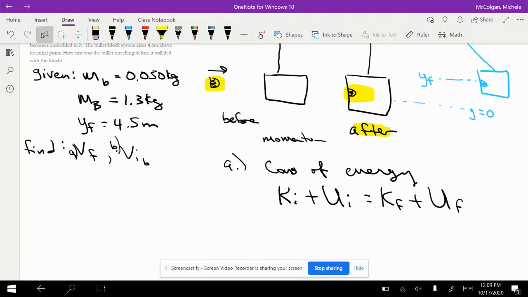Initially, right here, y is equal to 0, so we have no potential energy. And when we get to the highest point, we have no kinetic energy, so that is equal to 0. So plugging in, 1/2 m v initial squared is equal to m g y final.